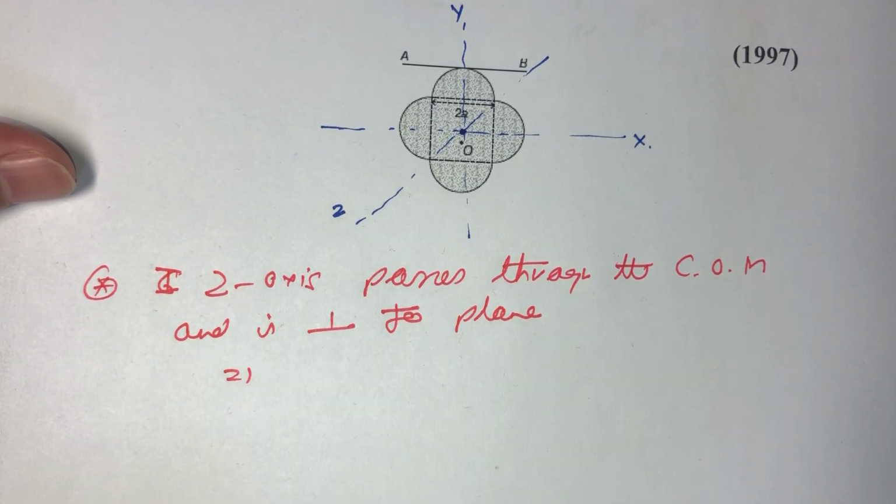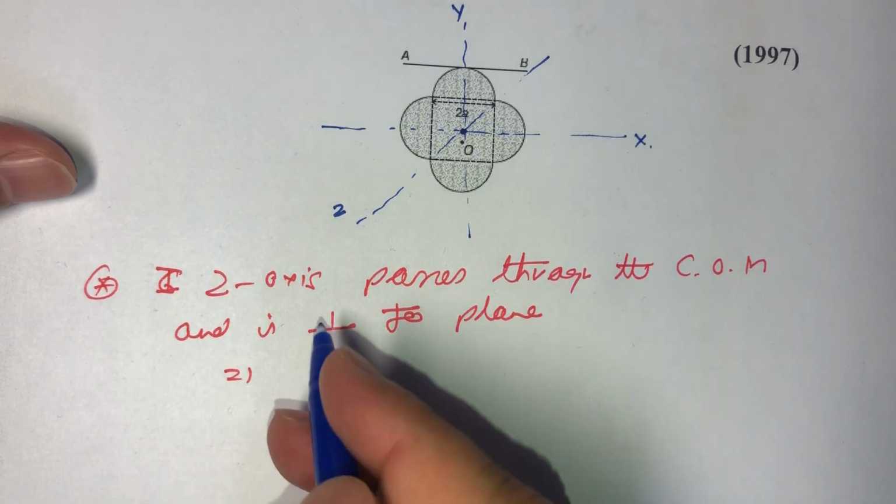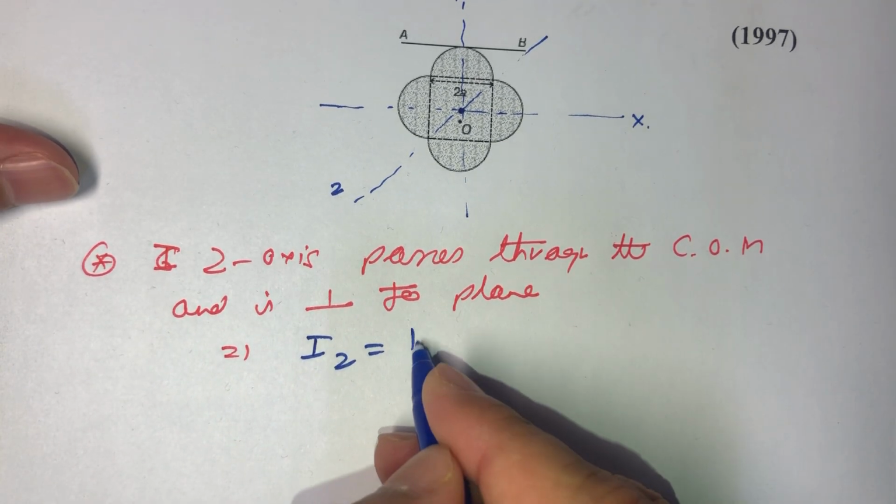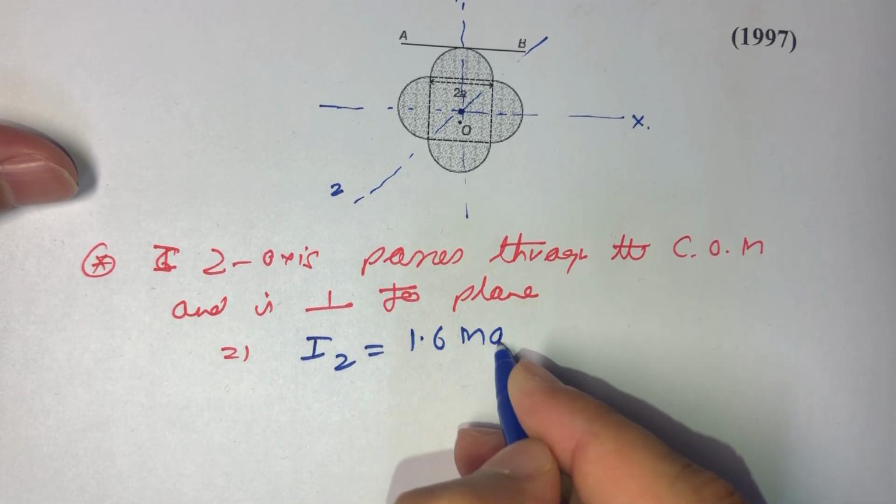Therefore, Iz is given as 1.6 ma square.